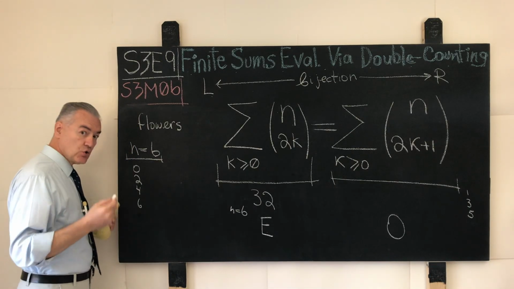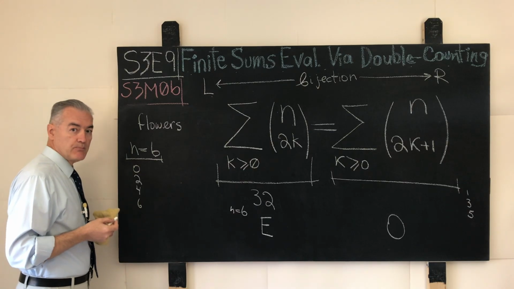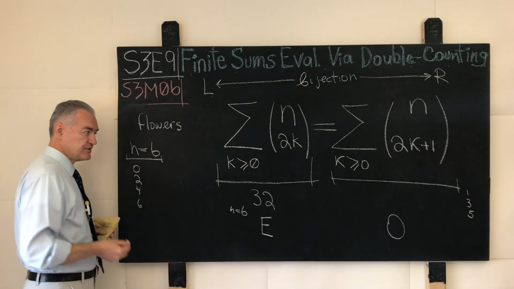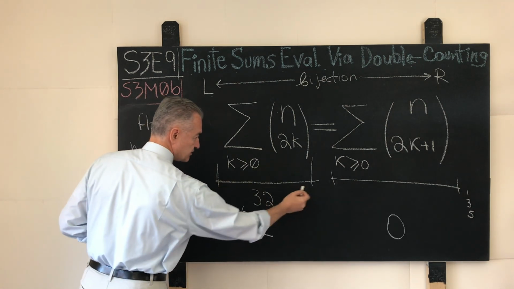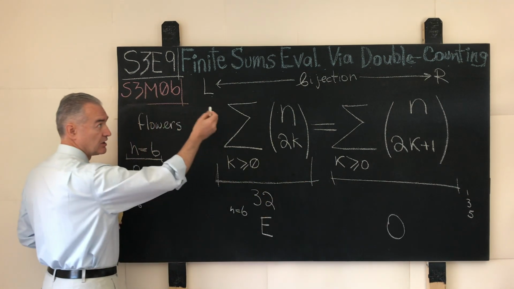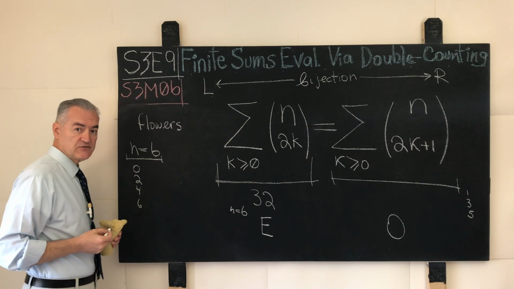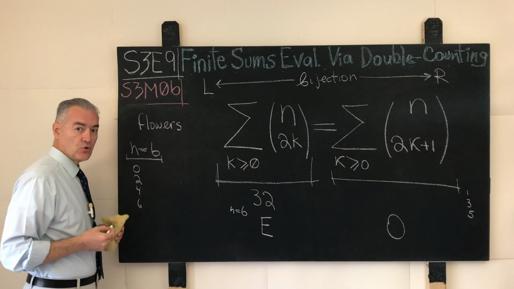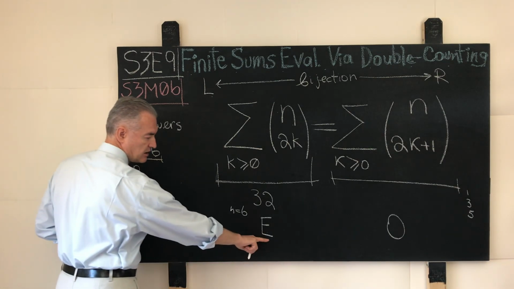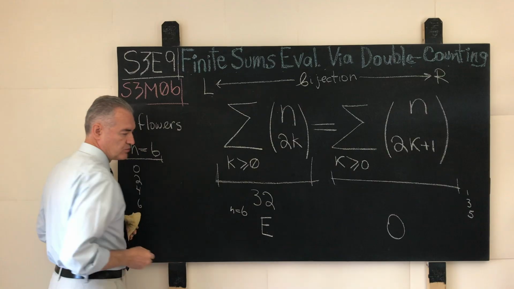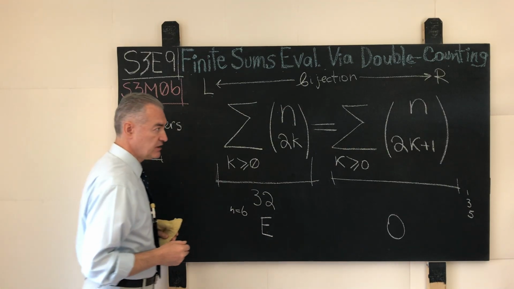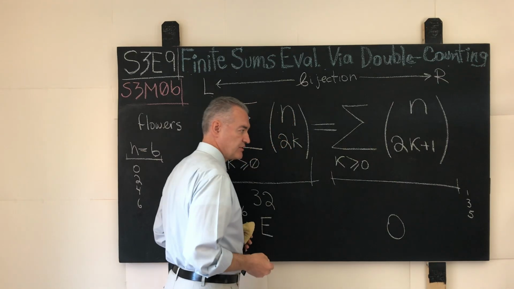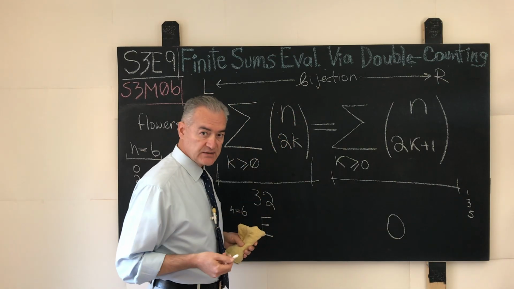Consequently, the total number of bouquets, each of which has an even number of flowers, is given by the left-hand side of this identity, and this is precisely what we do in the more formal flavor of double counting. We interpret that number as the total size of the set of the bouquets, each of which has an even number of flowers.